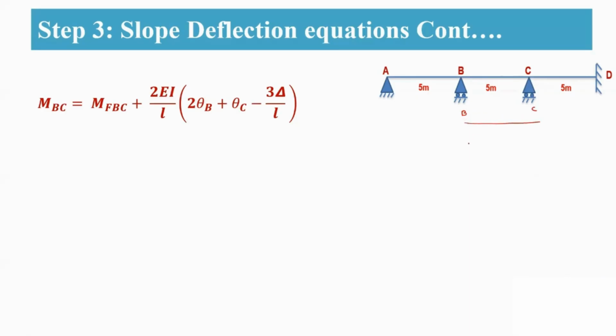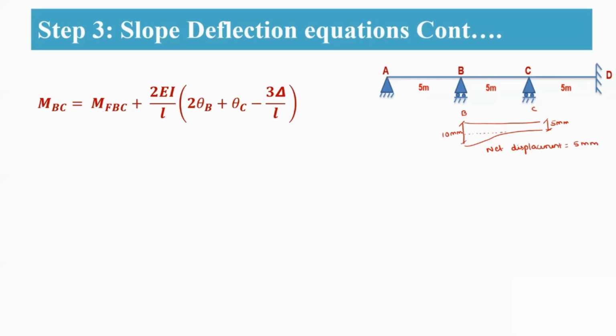So this is BC. Here you are having a 10 mm settlement and here you are having a 5 mm settlement. So this is 10 mm and here this is 5 mm. Together, when we see the net displacement, it will be equal to 10 minus 5, so that is 5 mm.